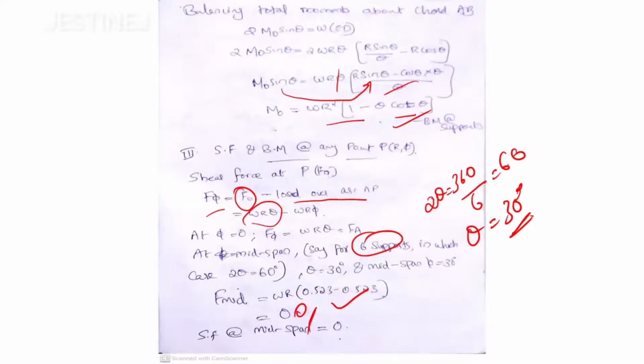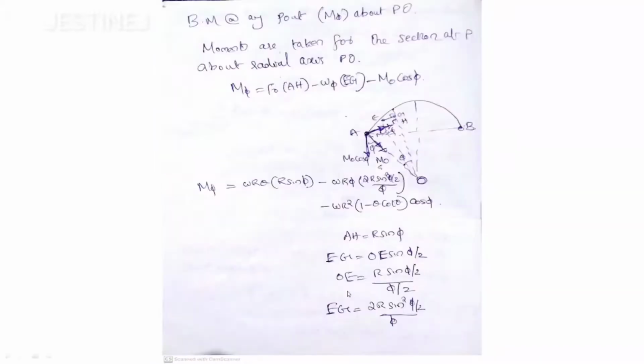So shear force at the midspan is going to be 0. This is the general equation, and with the help of this general equation we can come to this conclusion: when phi equals 0, it is going to be W R theta, and at the midspan, it is going to be 0.